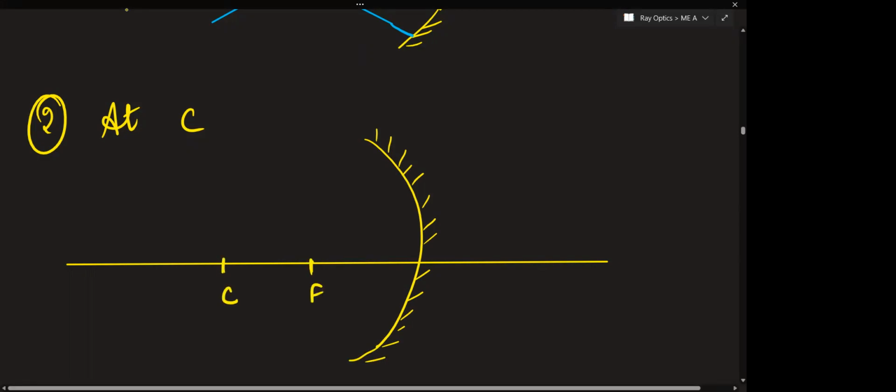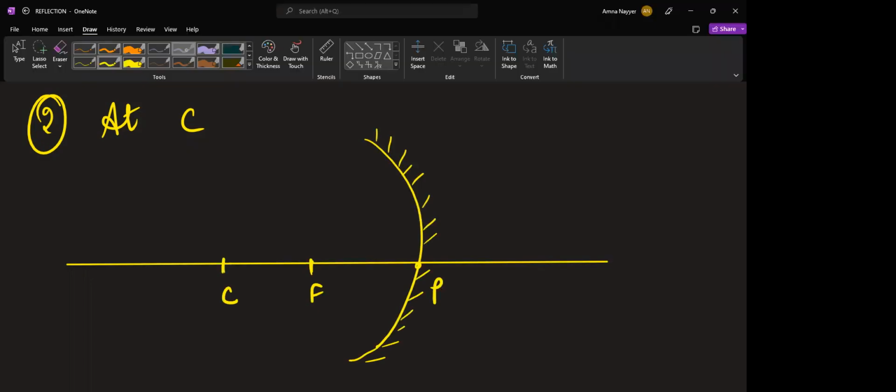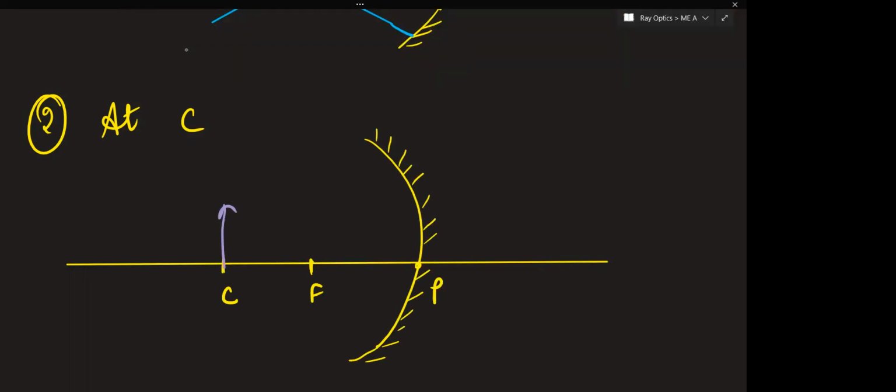This is the focus. This is the pole of it. Now, I have kept the object exactly at this point. This is OA, the object.